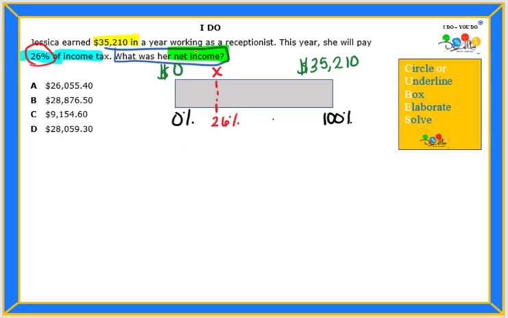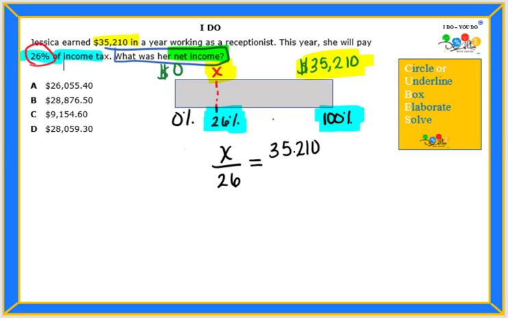So what we have now is, we know that 35,210 corresponds to 100%. We want to know what dollar amount corresponds to 26%. So we're going to go ahead and make our proportion. We're going to use these two to set up our first ratio. X dollars for 26% equals, and these two on the end will make our second ratio. 35,210 corresponds to 100.